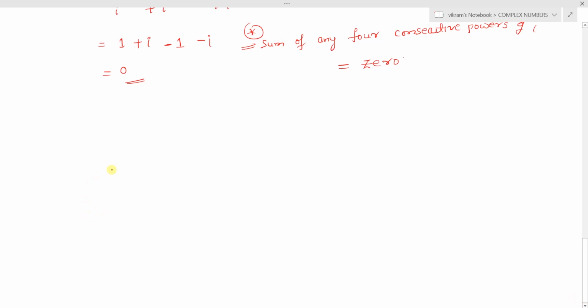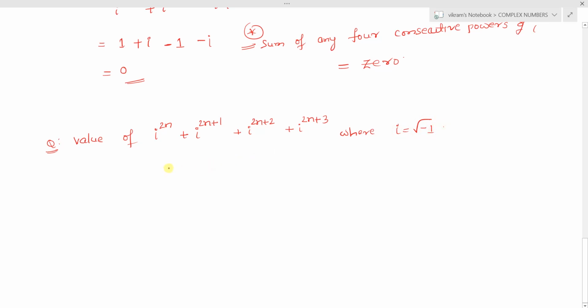He is asking the value of i^(2n) plus i^(2n+1) plus i^(2n+2) plus i^(2n+3), where iota equals the square root of -1.